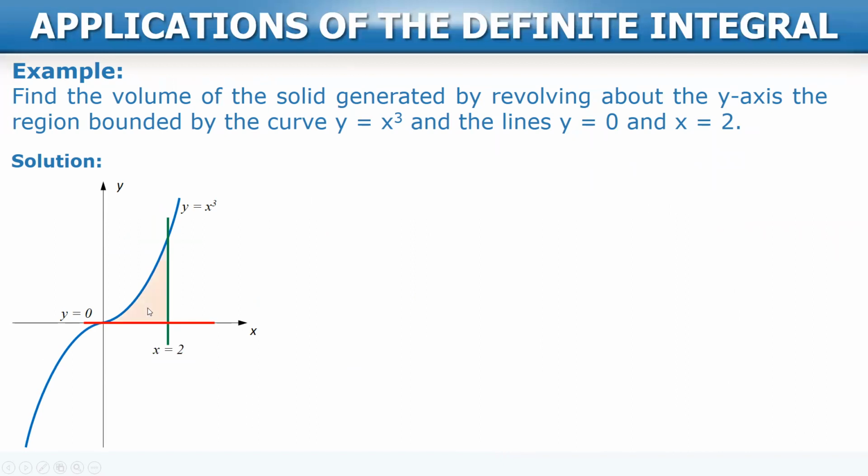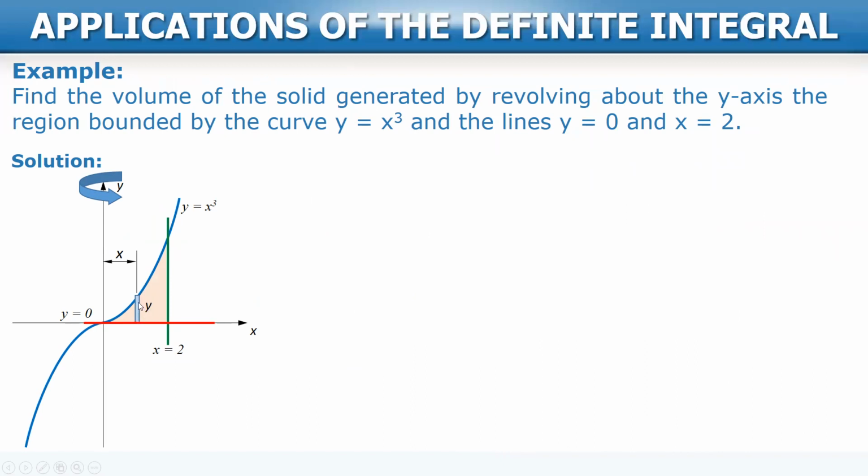So this is the region, and let's revolve this region about the y-axis. Since the axis of revolution is vertical, our strip must be vertical also. So it's y up minus y down.